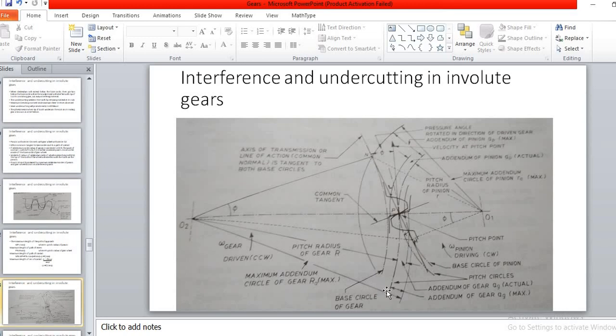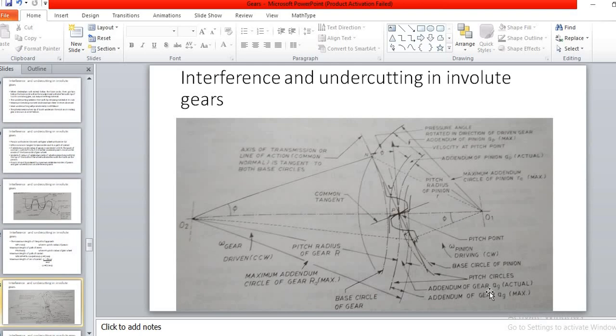So we discussed this diagram, and the usual notations we use here: the radius of the pinion is represented by small r, the radius of the gear or wheel by capital R, and the base circle radius for this wheel or gear by capital RB. The base circle radius for this pinion is represented as small r p.